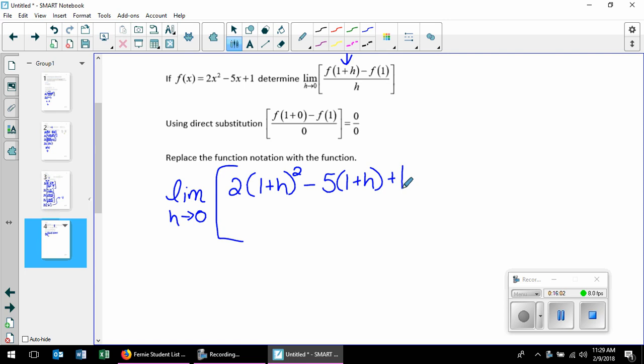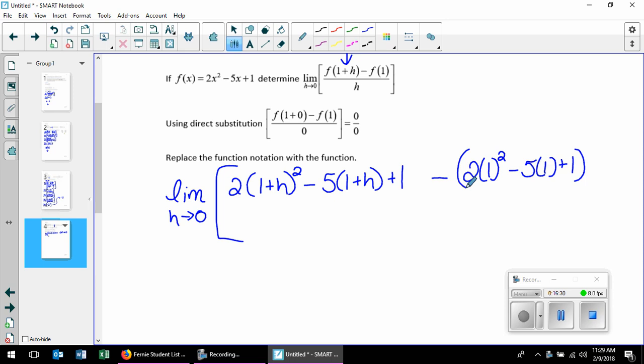Now, this used to be an x, so what are we going to replace it with? It's a 1. So we're going to replace all the x's with 1. This one's going to be 2 times 1 squared minus 5 times 1 plus 1. I'm going to put these in brackets because the negative has to be distributed through the whole thing.